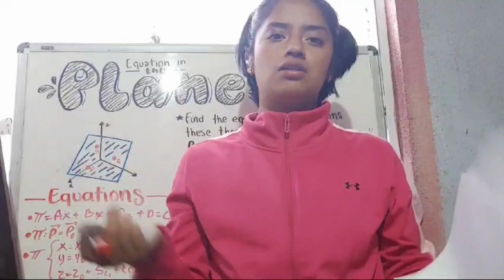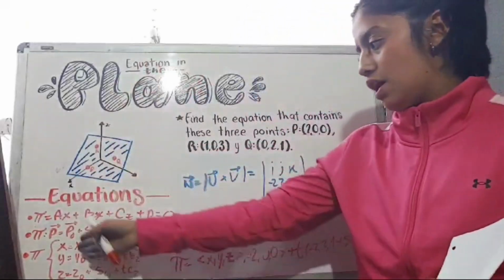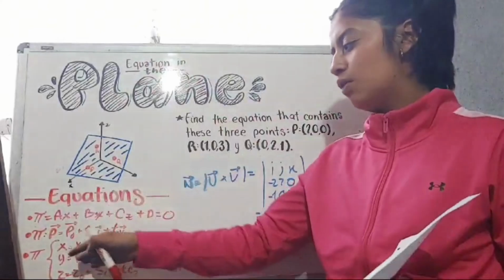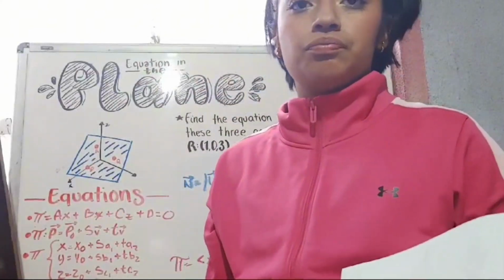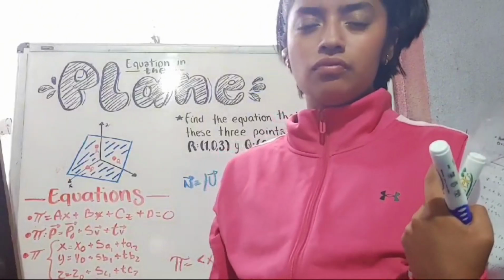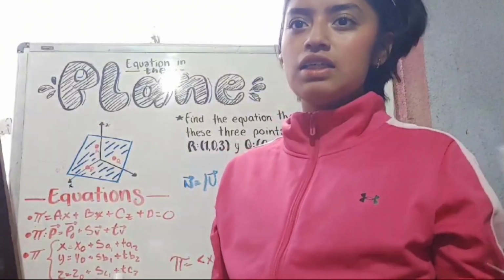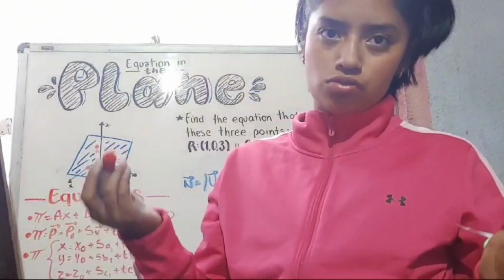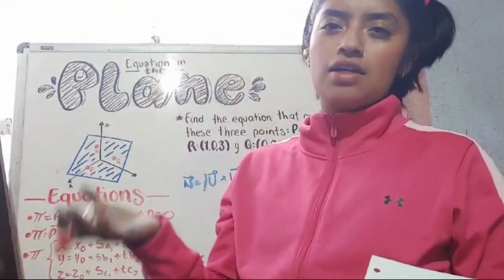Let's also remember that the points go in the parts of x, y, and z, and the vector goes in the parts that go together with t and s.